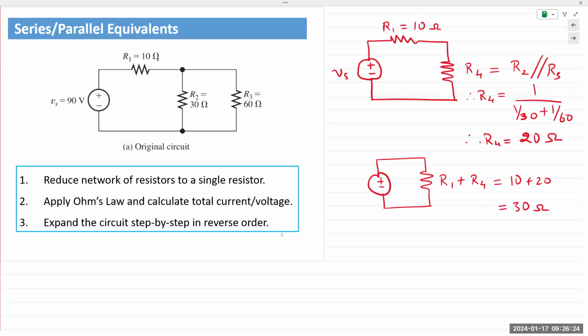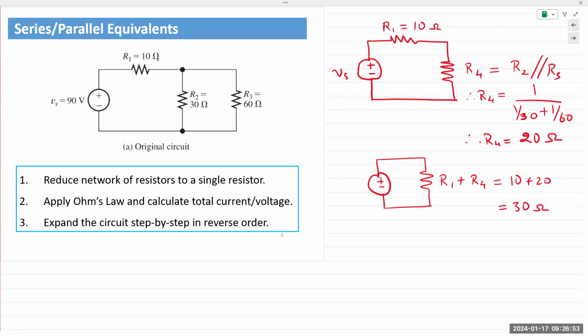Actually, let me point out the first step that we should have done. Sometimes I forget that these things are fundamental for us, since we keep doing it for so many years. Sometimes I forget to actually do one important step in this case. We are trying to find REQ, right? But we are trying to find REQ from the perspective of the source.